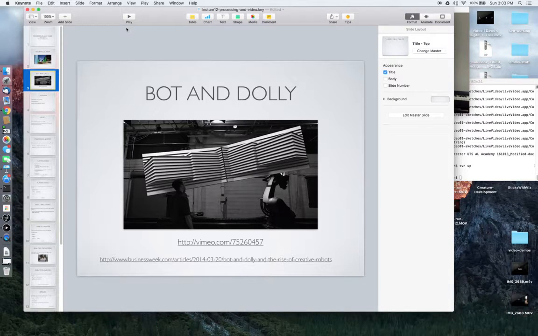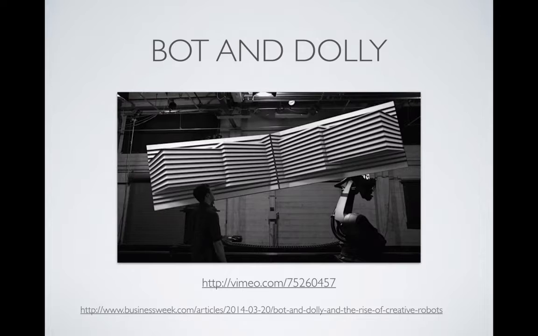The interesting video of the week this week is quite a famous one, I suppose, in these circles. It's called Bot and Dolly. I'll let you play it for yourself. I won't try and play it for you in this video, but the links are all there in the slides.